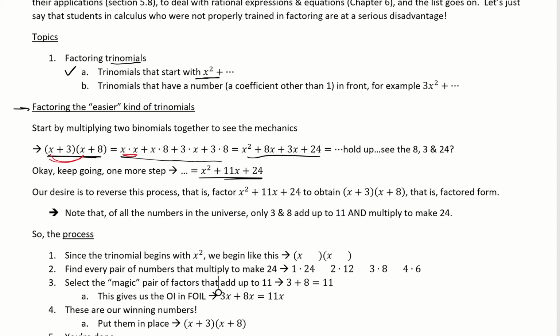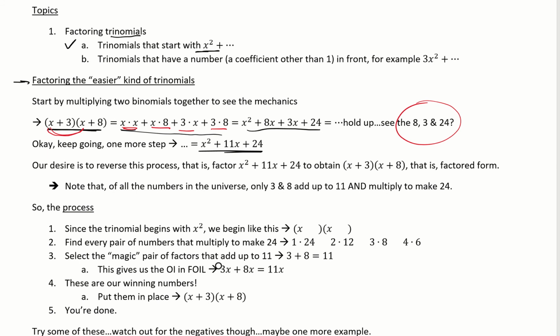Well, it's the first two terms, isn't it? So when you're factoring, you keep that in mind. And then you have x times 8, 3 times x, and then 3 times 8. Do you see the 8, the 3, and the 24 and how they work out? If you've done this before, you know the lesson's going to be something like this.